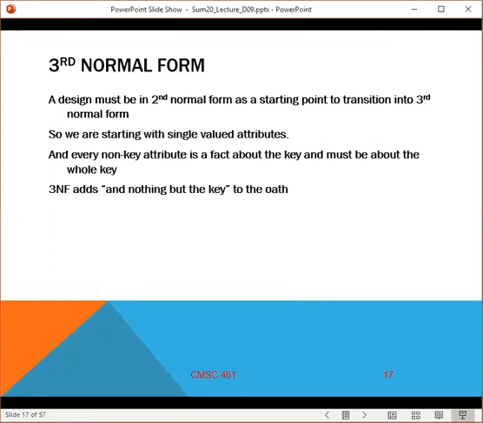Keep in mind, a determinant is any attribute whose value determines other values within a row. A table is in third normal form when it starts off in second normal form, and we determine that it has no transitive dependencies.